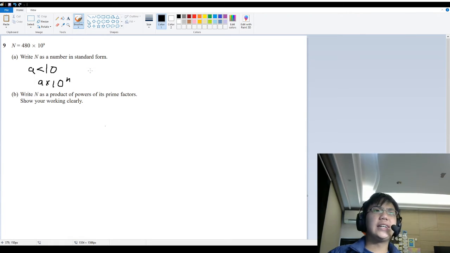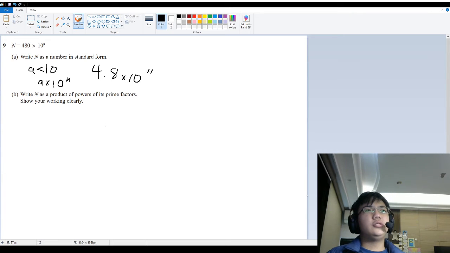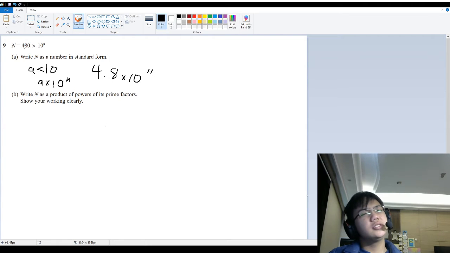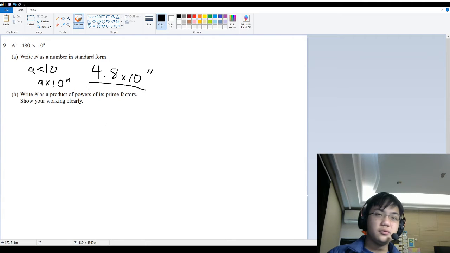So to convert this to standard form, we simply say 4.8 times 10 to the power of 11. We need to increase the power of 10 by 2, as we are shifting the decimal point here by 2 digits. So here we have 4.8 times 10 to the power of 11.